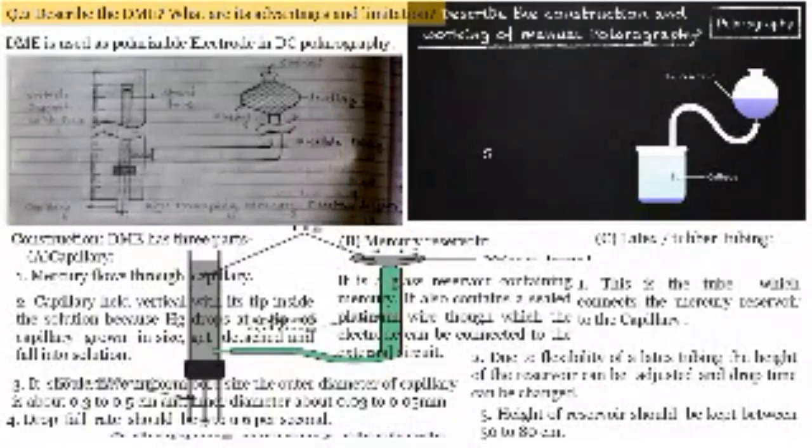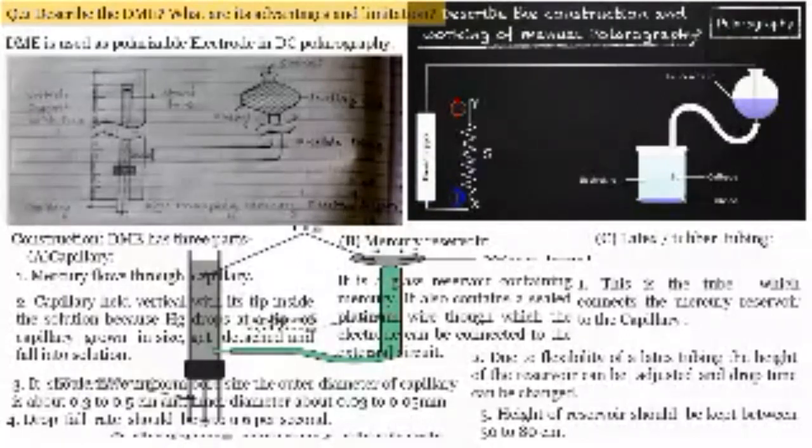The flask or beaker contains the experimental solution or electrolyte. The large amount of mercury at the bottom acts as the anode. The anode is connected to a variable resistance and then to the positive terminal of the battery. A sensitive current recorder is connected in series and a voltmeter is connected between cathode and anode.